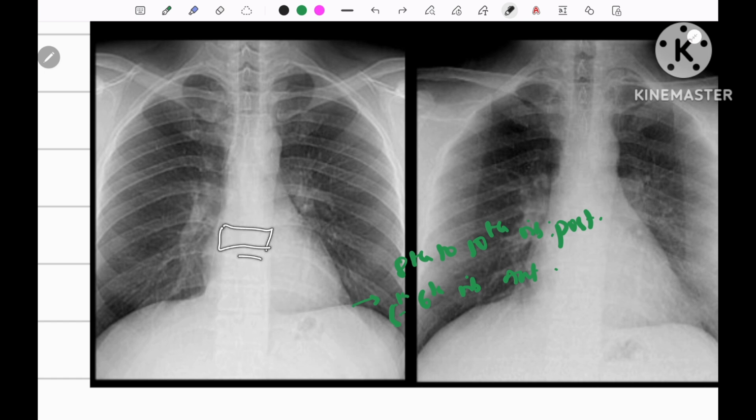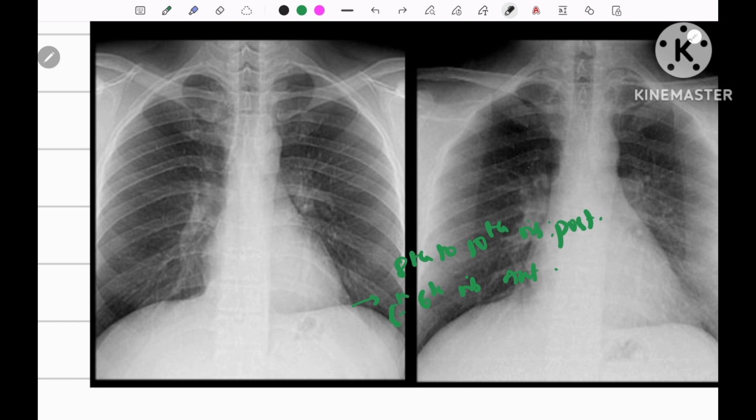The bronchovascular markings are also visible behind the heart, like we can see these bronchi, and these are the bronchovascular markings. We can see lots of bronchovascular markings. So if the thoracic vertebra is visible beneath the heart shadow and bronchovascular markings are seen beneath the heart shadow, then there is a good penetration.